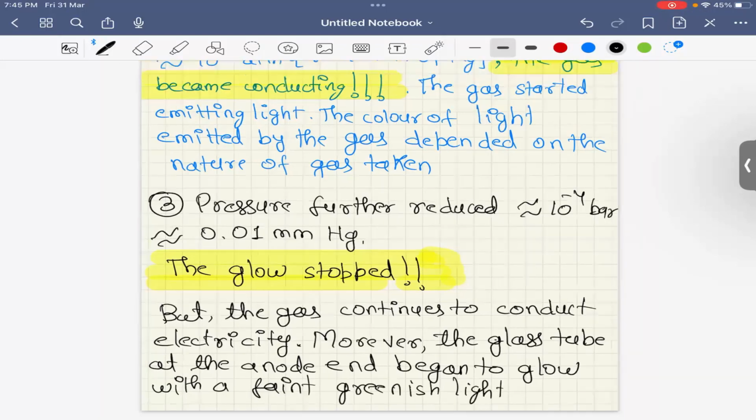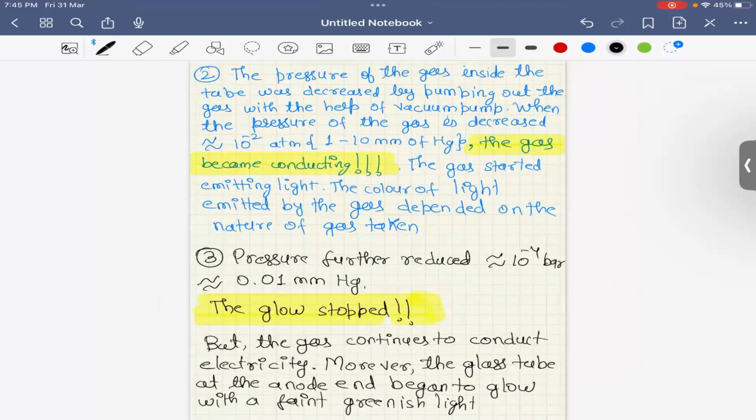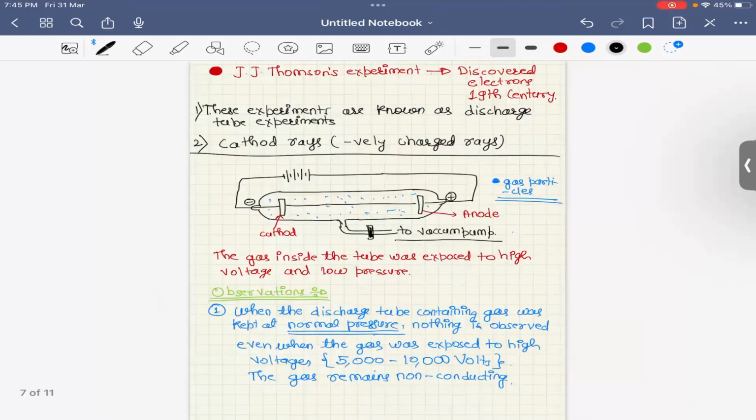Right? So how did they observe this? Here, this is the cathode, this is the anode. Around this end, they coated it with a fluorescent, a phosphorus kind of material, which glows when something hits on it, right?